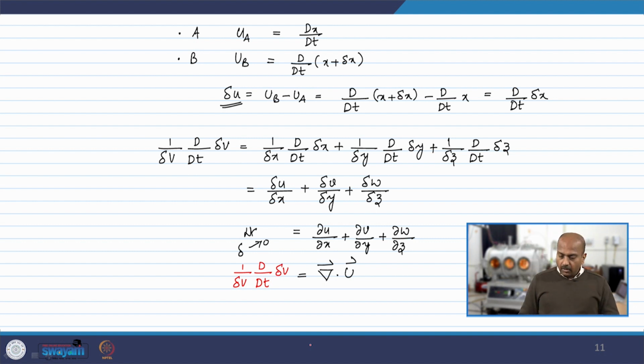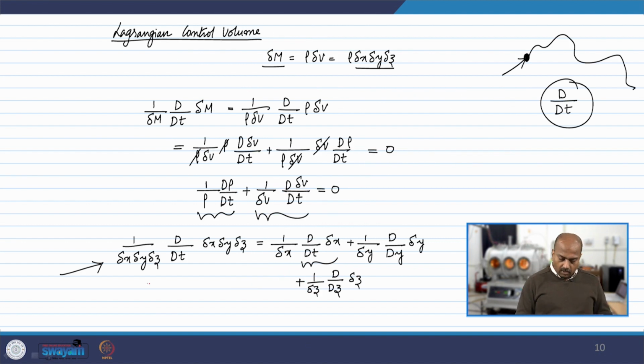So, we have two terms, right? One is here, this one, carefully, and another is this term. So, both of these terms have come out from this simple conservation where we expect the relative rate of change of mass to be equal to 0, right.